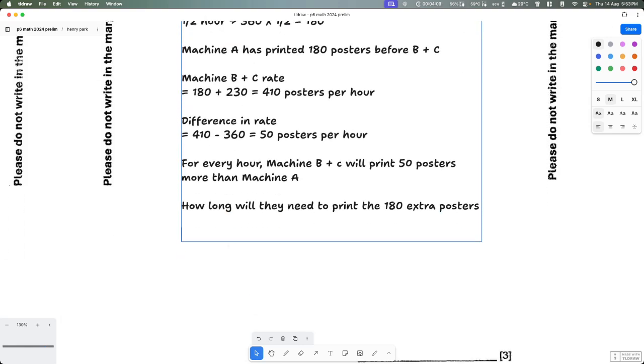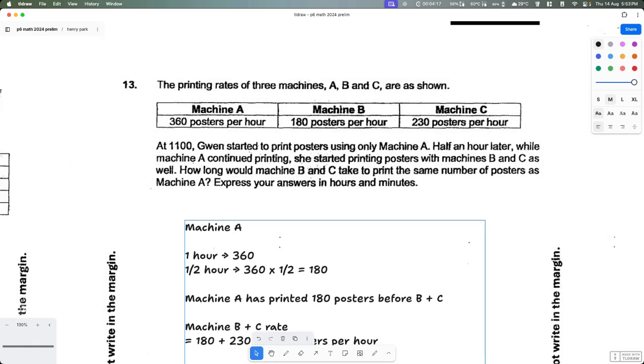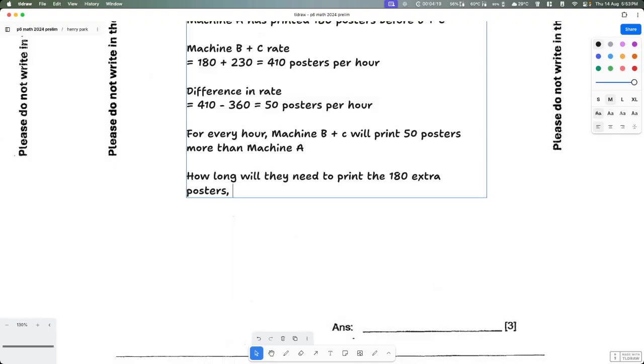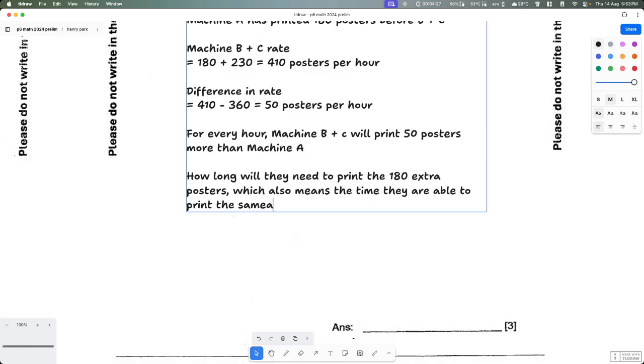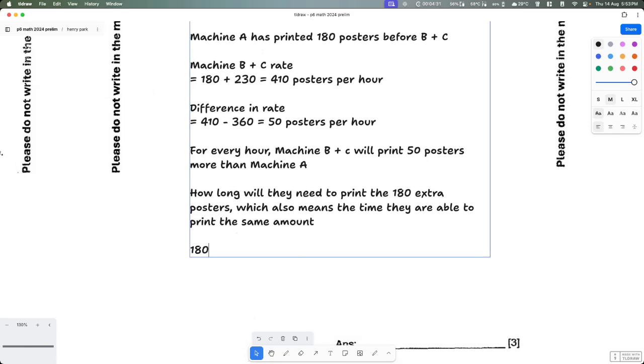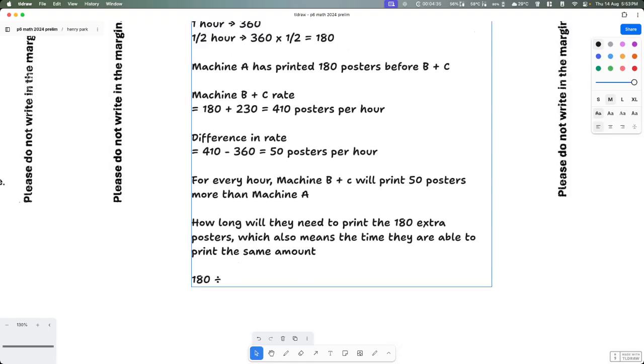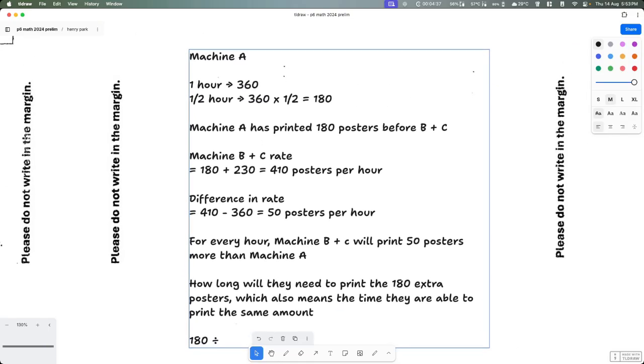That is the time they are able to print the same amount. So 180 divided by 50.